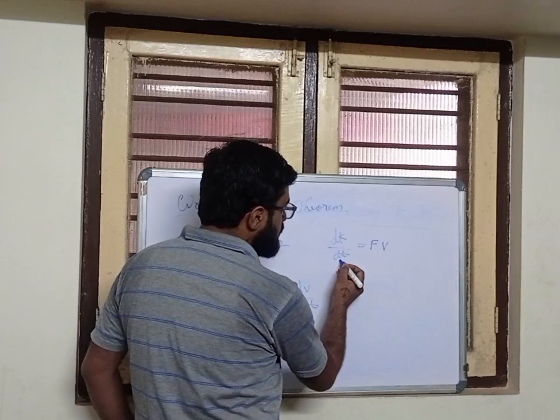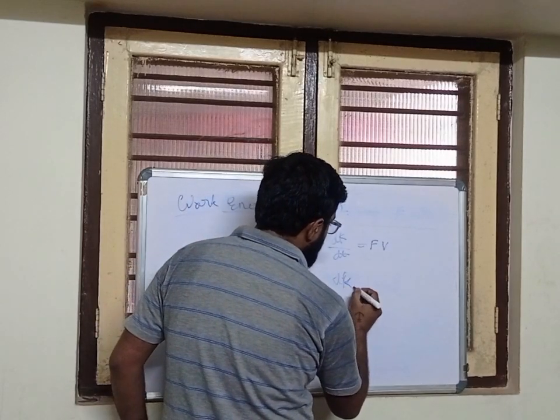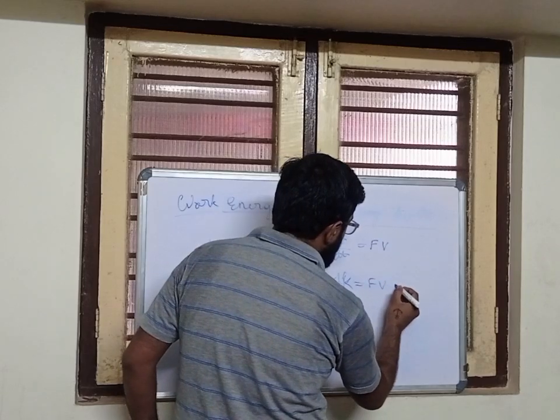So we take this dt to this side. dK is equal to F v into dt.